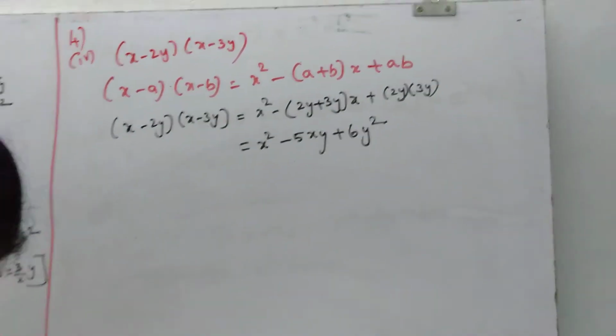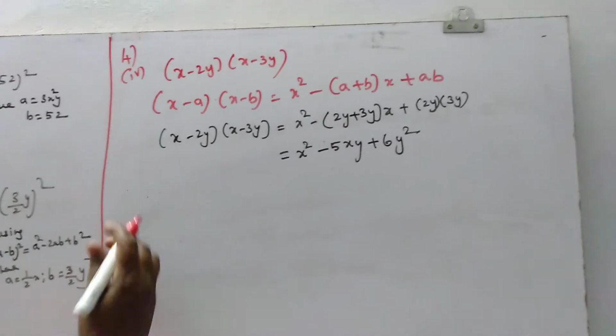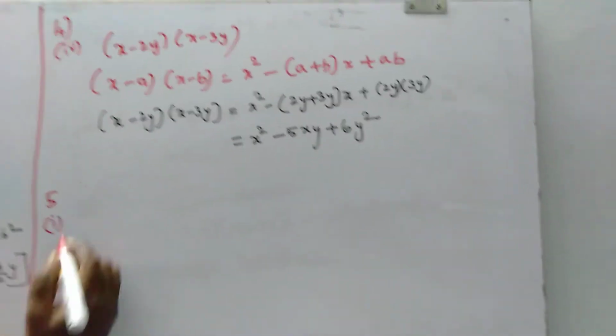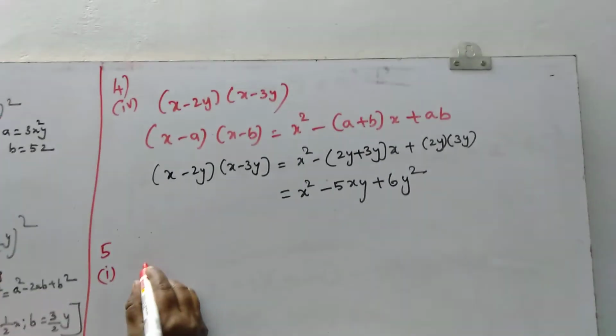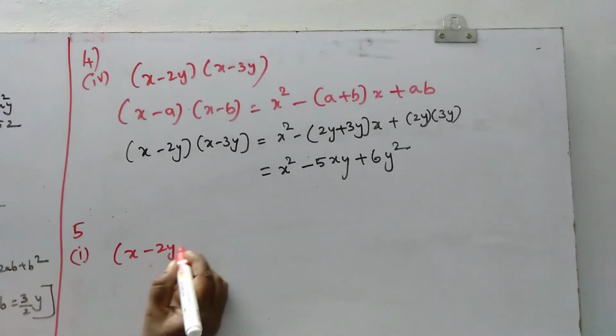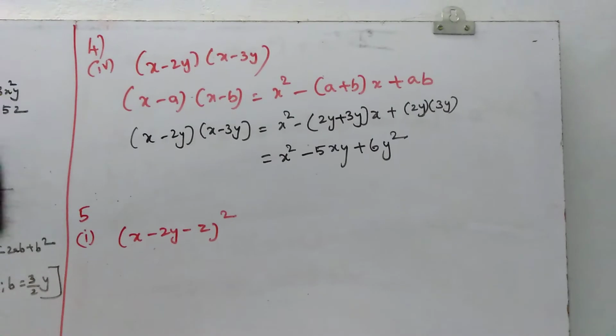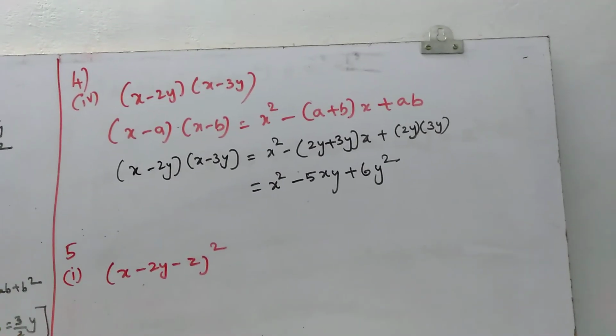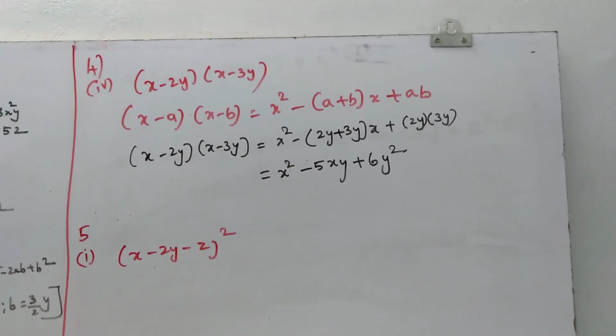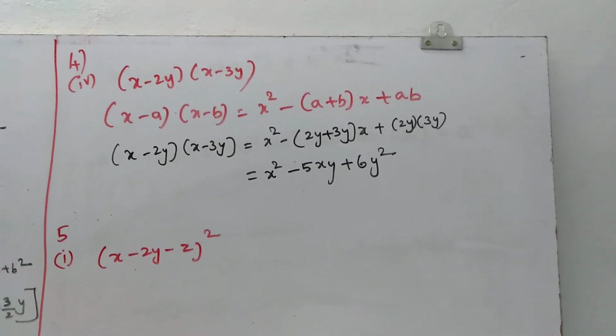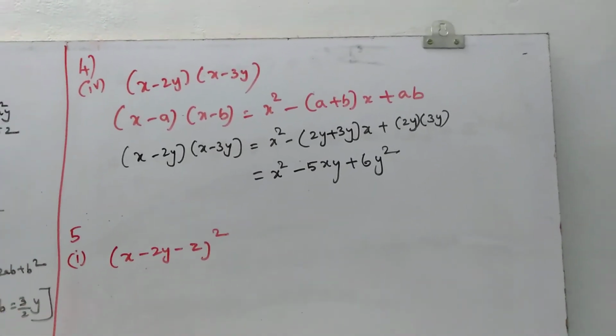Right? Then question number 5. Question number 5 is x minus 2y minus z the whole square. Right? Okay. So then this is the expansion of a minus b minus c the whole square, but we are using a plus b plus c the whole square, that one same formula.